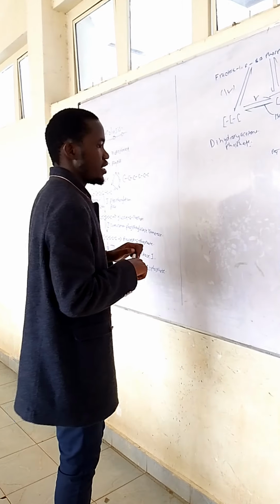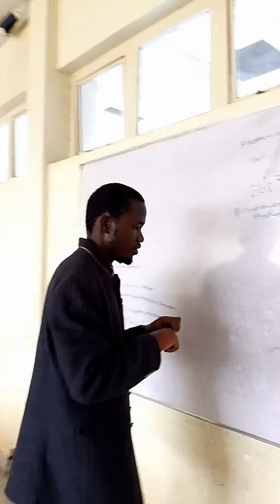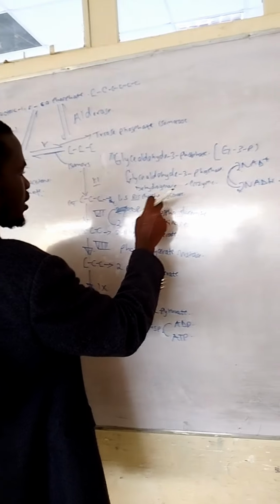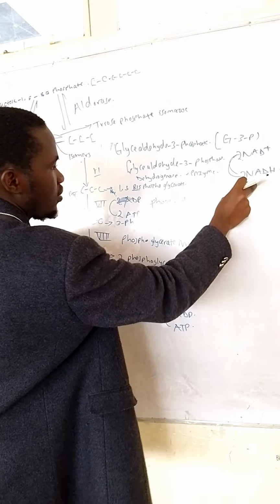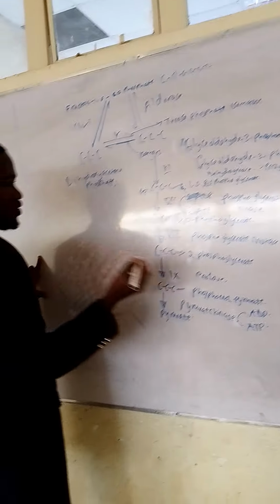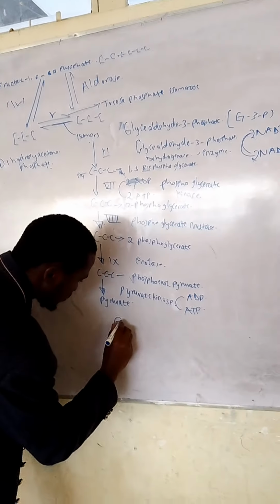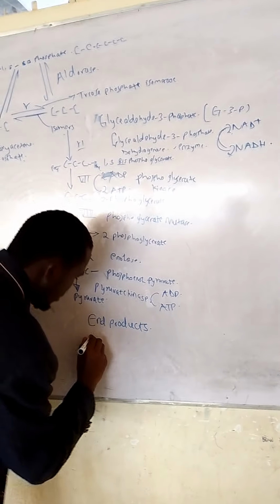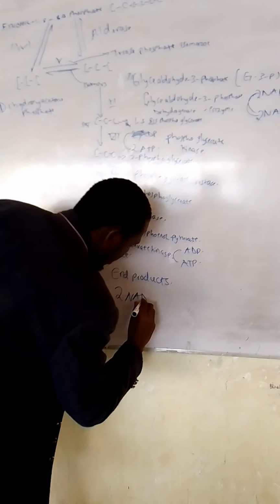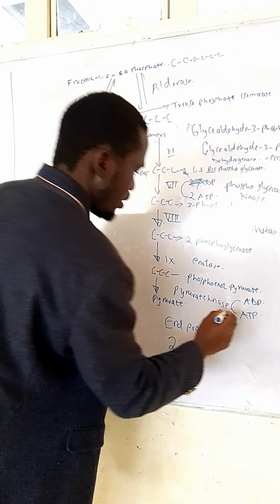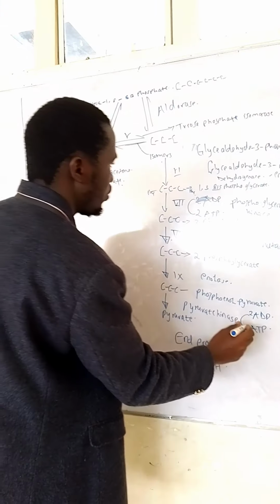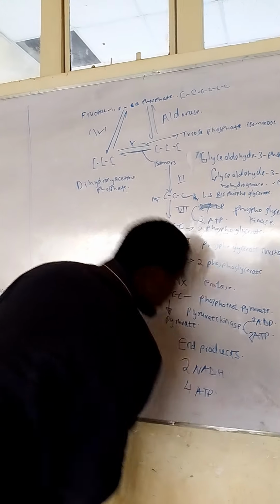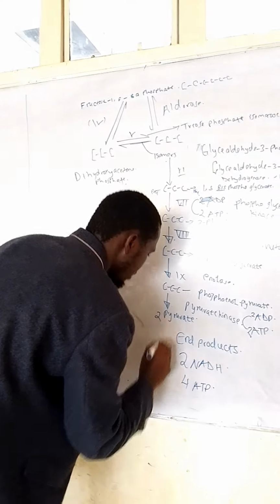So the end products of glycolysis: whenever we hear dehydrogenase, NAD is converted to NADH, so the end products are 2 NADH, and we have 2 ATP plus this 2 ATP gives 4 ATP, and we have the 2 pyruvate.